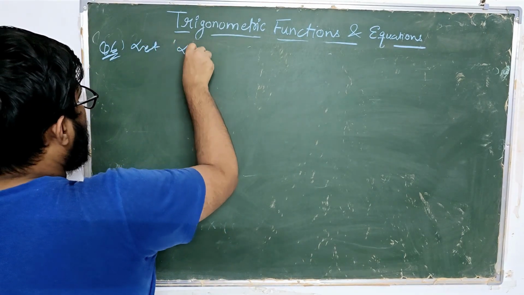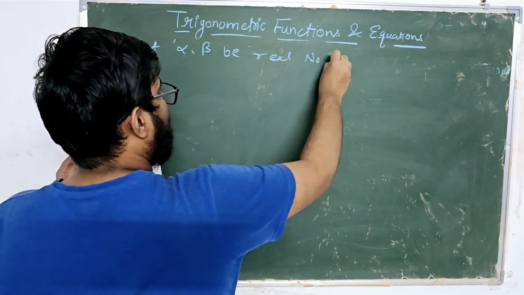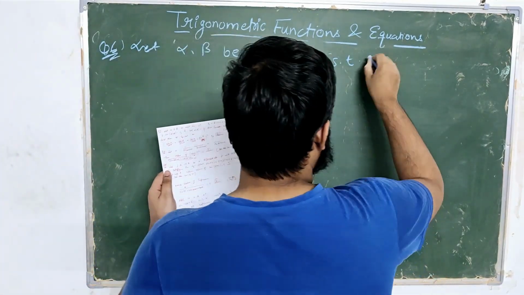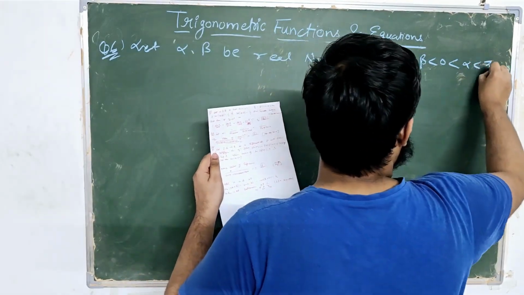Let alpha, beta be real numbers such that negative pi by 4 is less than beta, alpha is less than pi by 4.